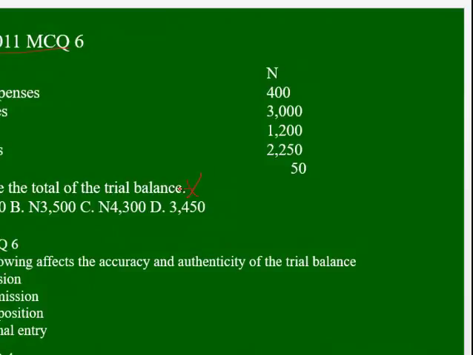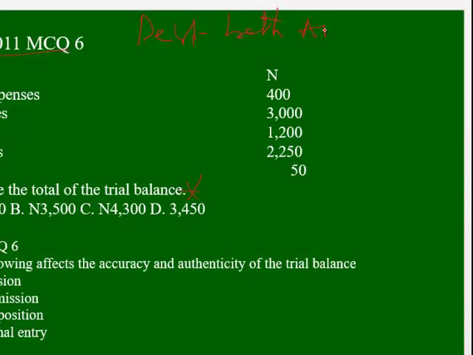I think they just want us to know whether we understand the concept of debit, both assets and expenses, then credit, both liability and income. And that's the concept they want to test here.